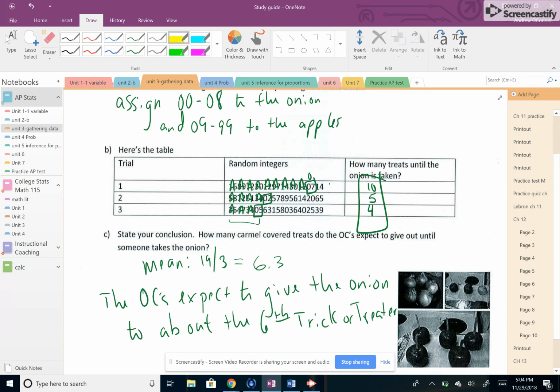Keywords you should definitely think about using: about the sixth trick-or-treater. Because actually, even though our mean was 6.3, it never actually happened to the sixth person. So somewhere around the sixth. It shouldn't be super early. It probably isn't super late. Around the sixth.